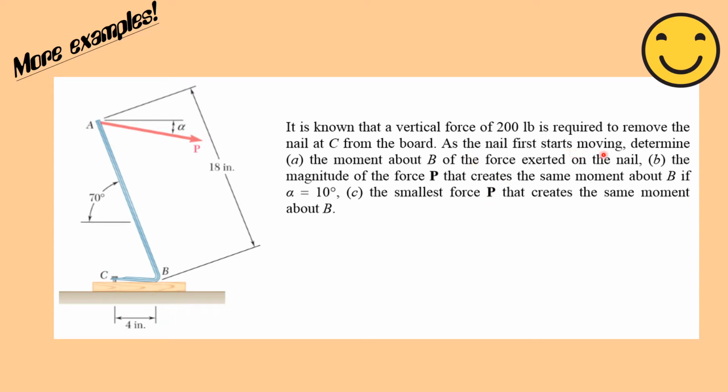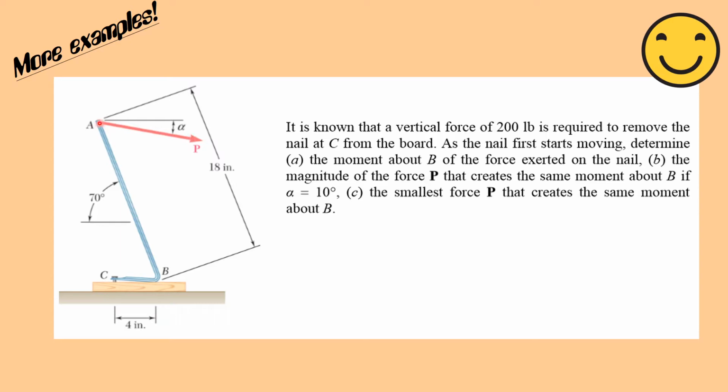As the nail first starts moving, determine the moment around B. Where is B? Okay, so this is where it's pivoting around, is B. So we're going to find the moment around B created by the force exerted on the nail. So 200 pounds here is going to create a moment at B. And after we figure that out, the magnitude of the force P that creates the same moment.